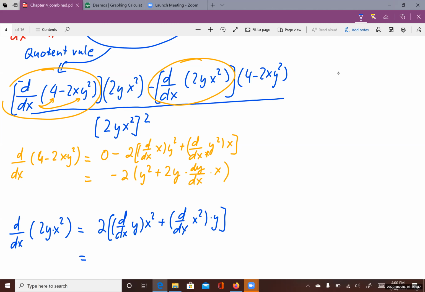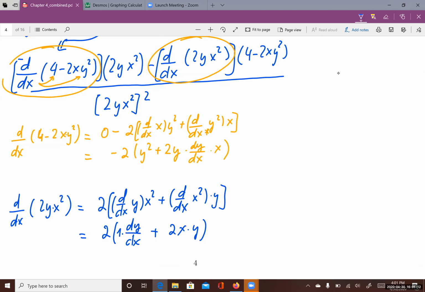Okay, that's going to give you 2. x and y are not the same, so you have to find the derivative of y. It is just 1 times dy/dx, plus the derivative of x squared, which is 2x, times y.